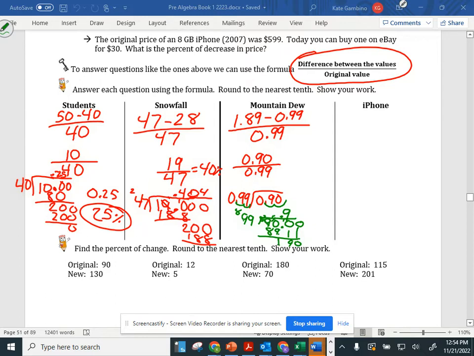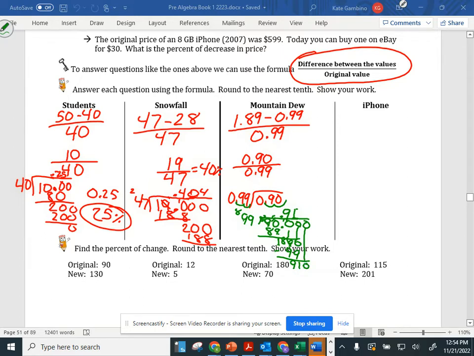So how many times does 99 go into 190? That would be 1 time. 10 minus 9 is 1. 18 minus 9 is 9. How many times does 99 go into 91? Well, that's 0 times. Or actually, no. I put the 0 in the wrong spot.